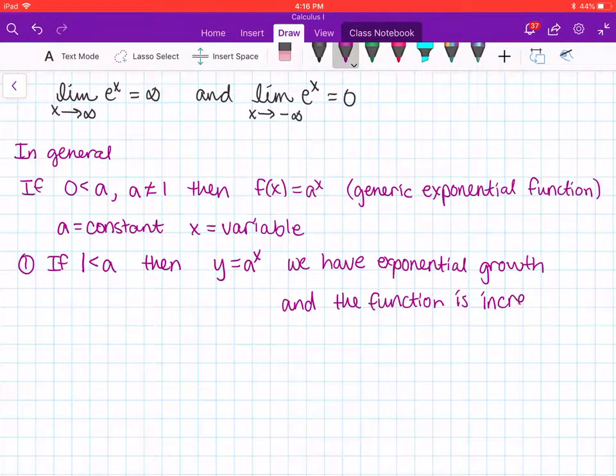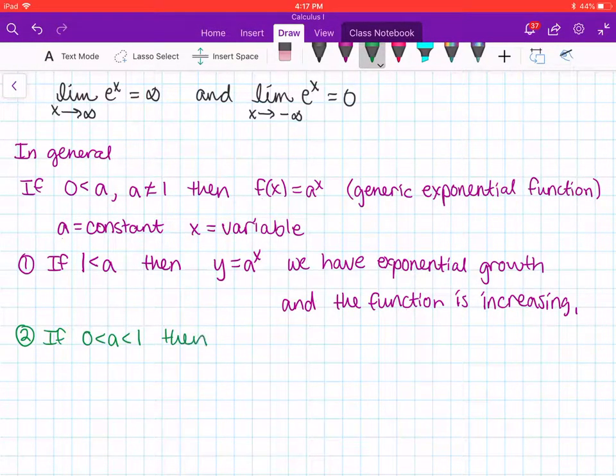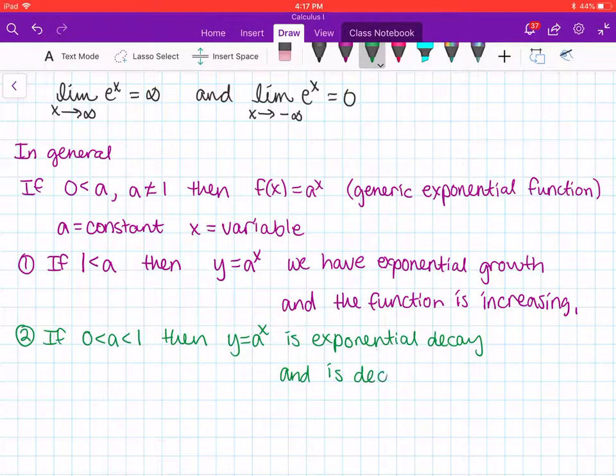So if we go to take the derivative, we would get that it's positive. Okay, number 2. If a is between 0 and 1, then our exponential function is exponential decay. And in that case, decreasing.